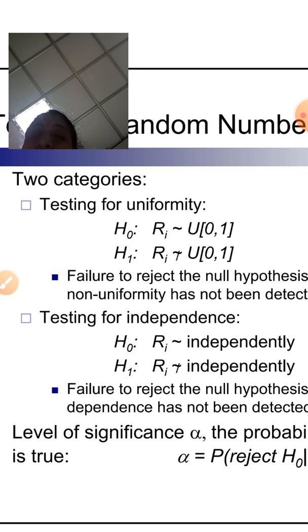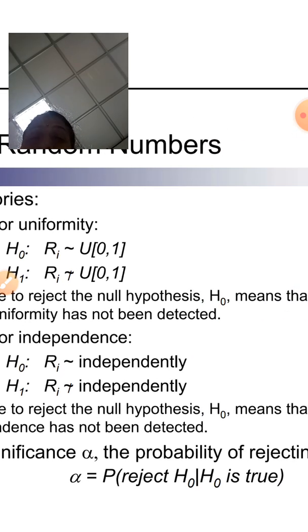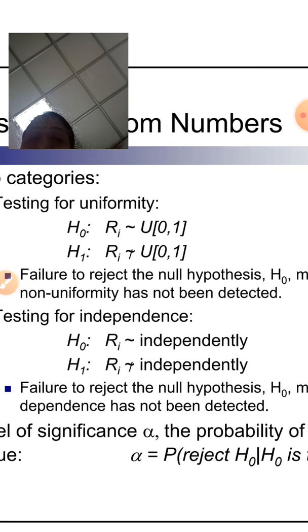So the very first thing is that if there is a failure to reject this null hypothesis H naught, it means that the evidence of non-uniformity has not been detected. It doesn't mean that it is completely true.